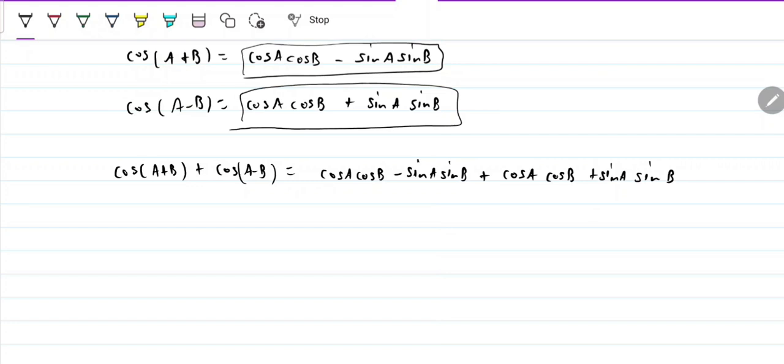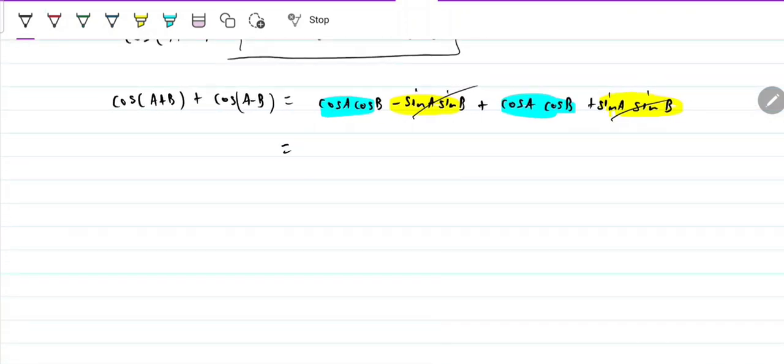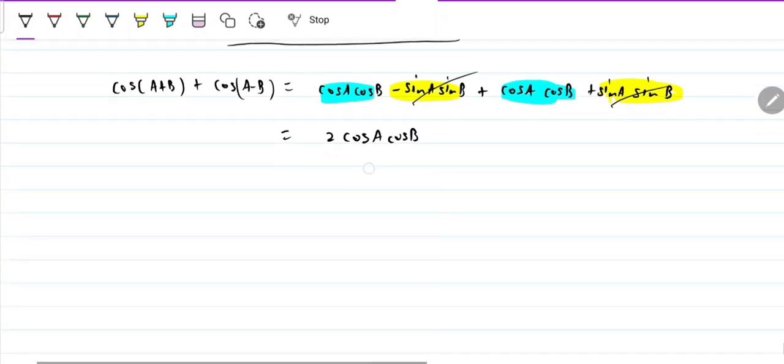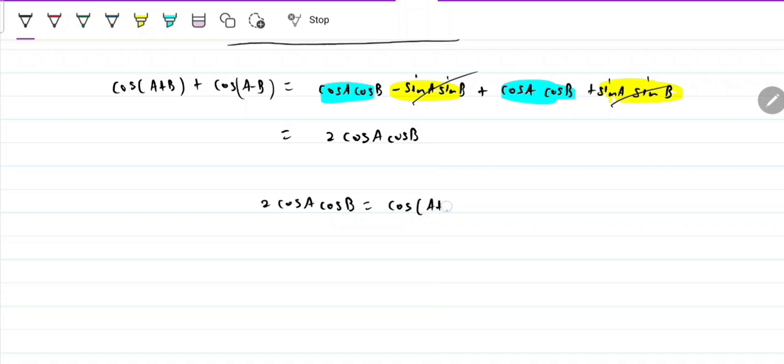And these two, the like terms, they're going to add together. And these two here, they're subtracting. So they've gone out. So I'll be left with 2 cos A cos B. Right? So 2 cos A cos B is equal to the cos of A plus B plus the cos of A minus B.